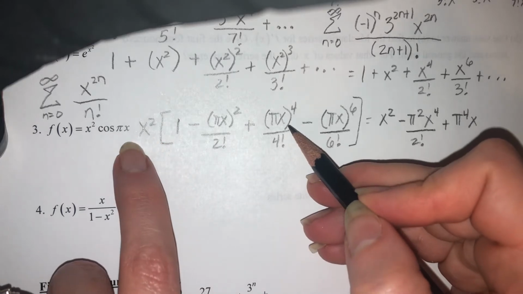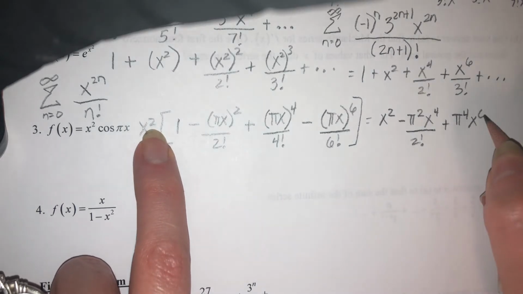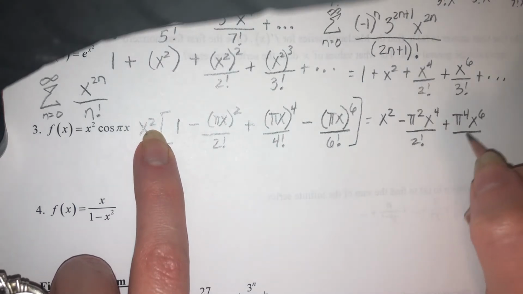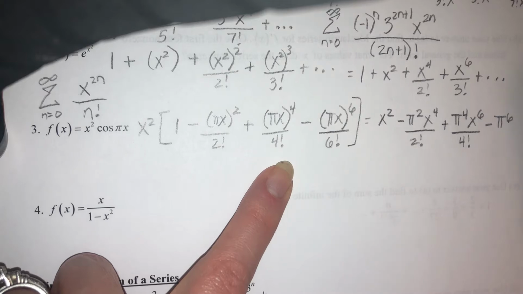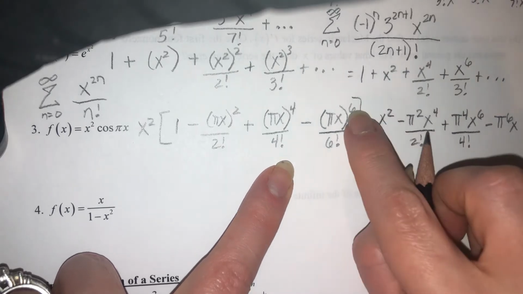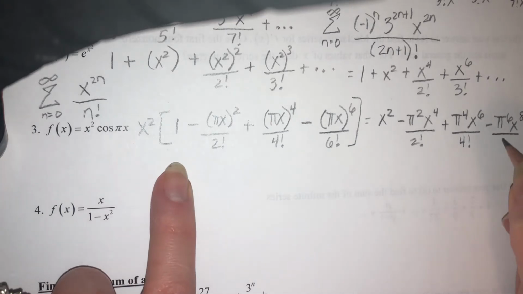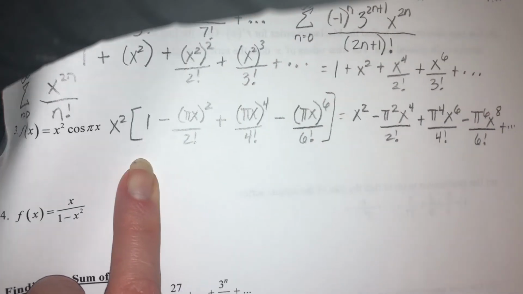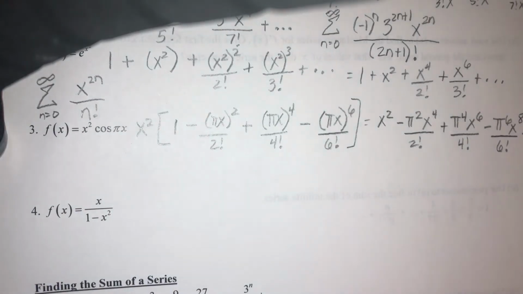When we're multiplying and we have the same base, we add the powers. So 4, 5, 6, x to the 6th over 4 factorial, minus pi to the 6th, x to the 6th times x squared is x to the 8th, adding those powers, divided by 6 factorial plus dot dot dot.